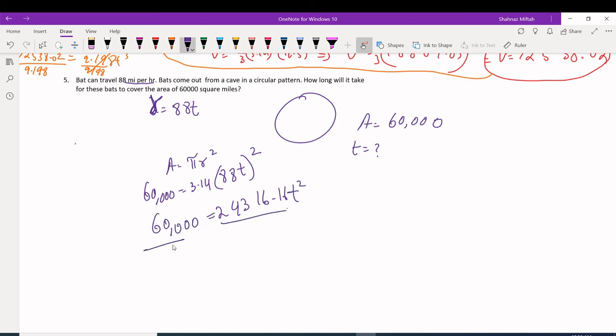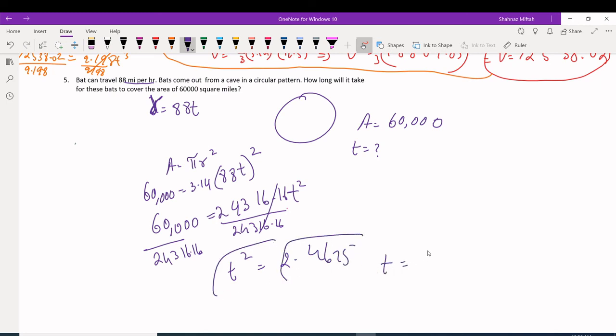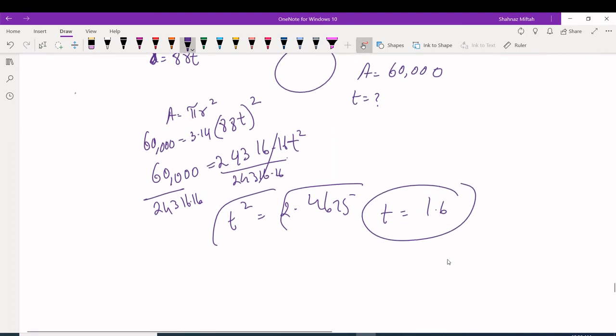You divide both sides. Cancel. I am left with t squared equals 2.4675, and then you square root it. Then your t is equal to 1.6. I rounded up. It was 1.57 or something, so I rounded up to 1.6.